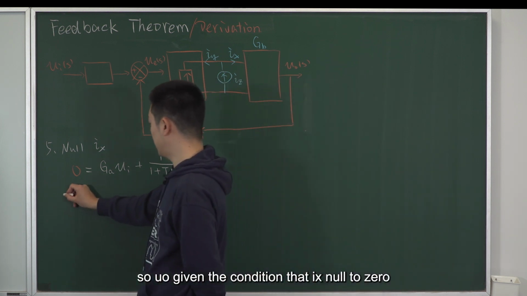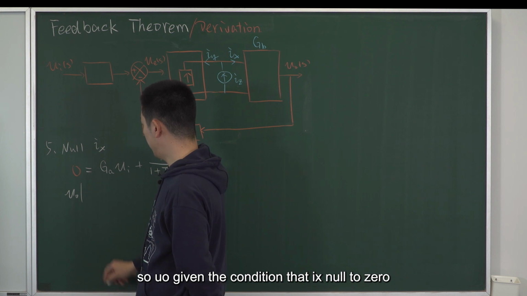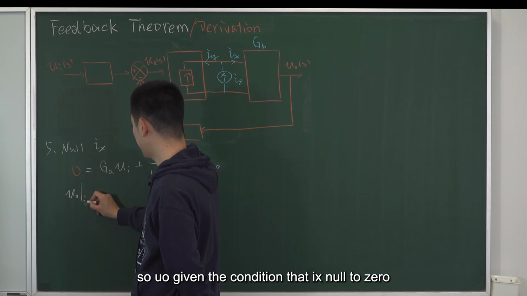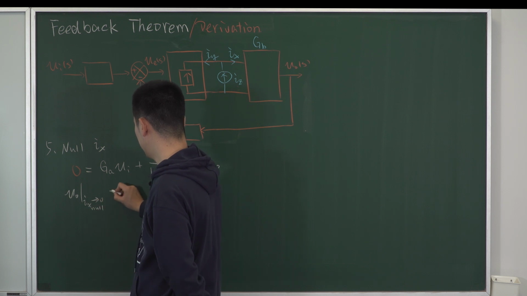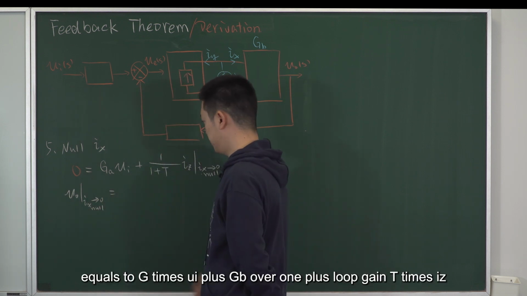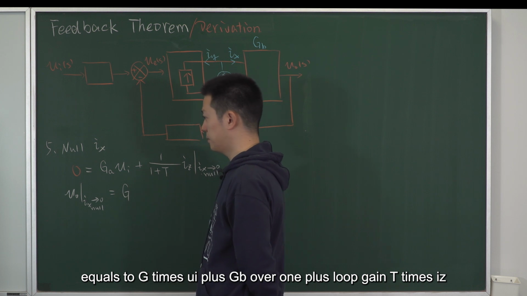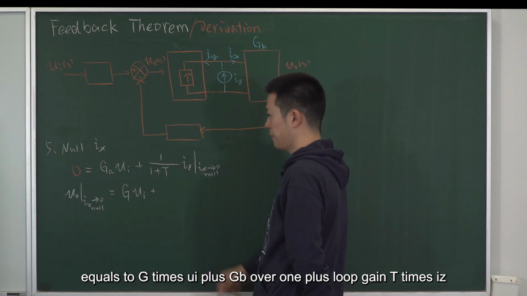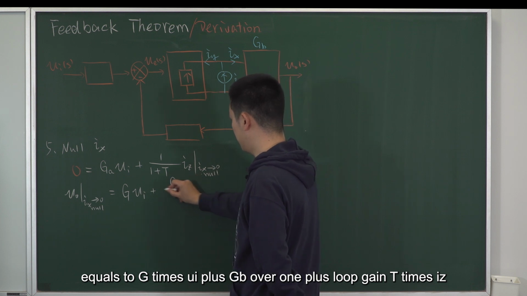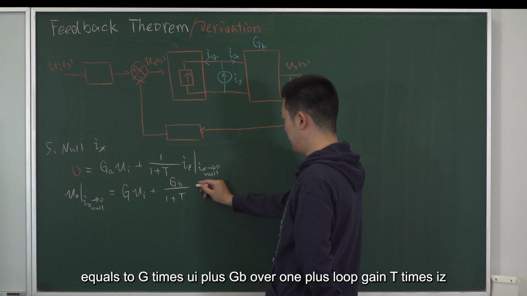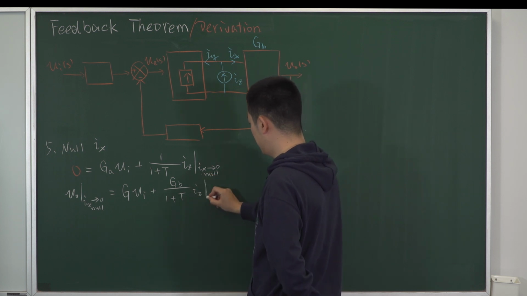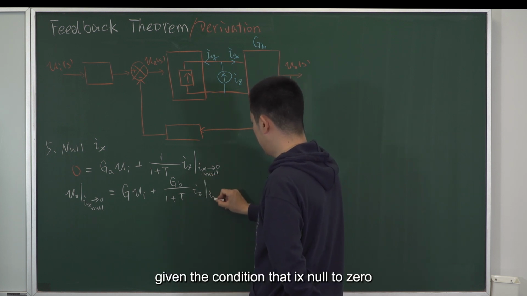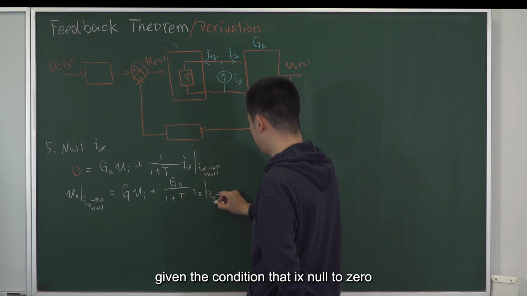So U output given the condition that Ix is nulled to 0 equals to G times Ui plus GB over 1 plus loop gain T times Iz, given the condition that Ix is nulled to 0.